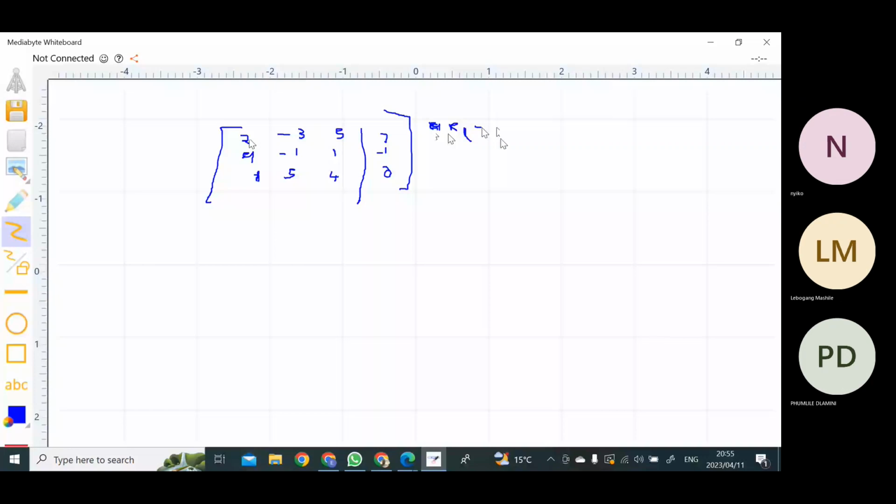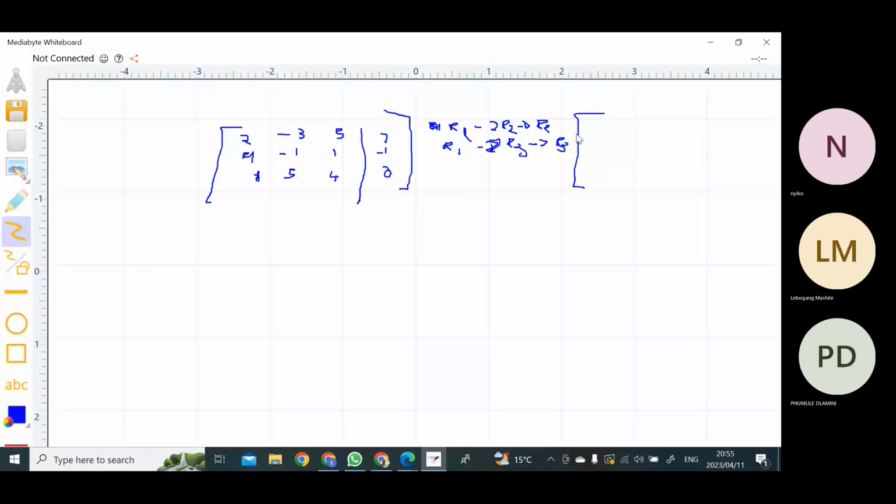For this one here, I multiply R1 by 2 and subtract it from R3 to get the new R3. So I'm going to get 0 there. Now we can solve it.